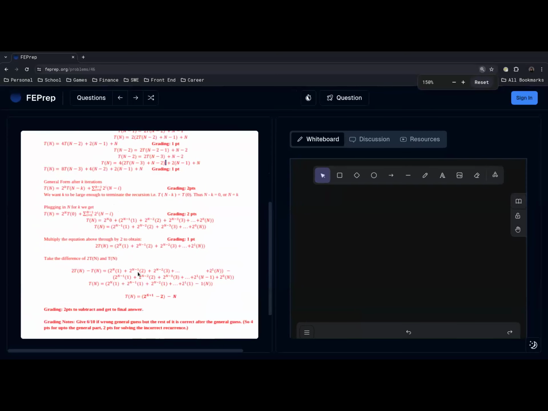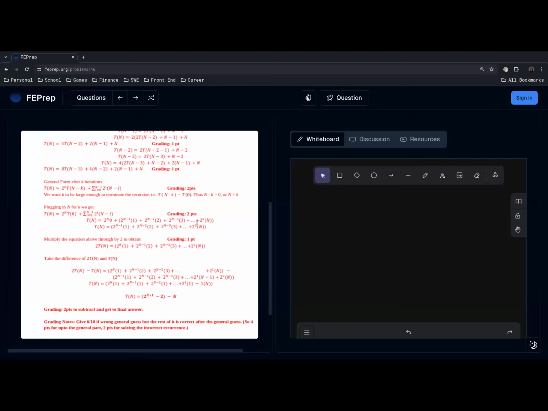Essentially it's talking about this, right? So this T of n, and remember T of 0 equals 0. So this equals T of n to the 0 plus T of n minus 1 times 1, right?